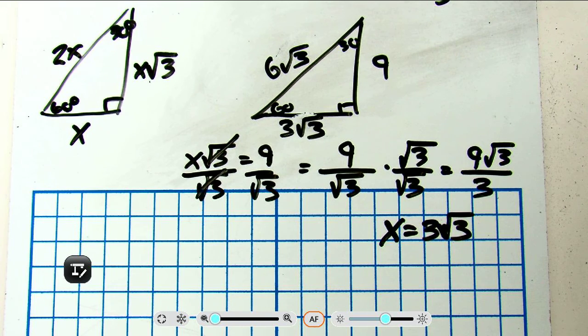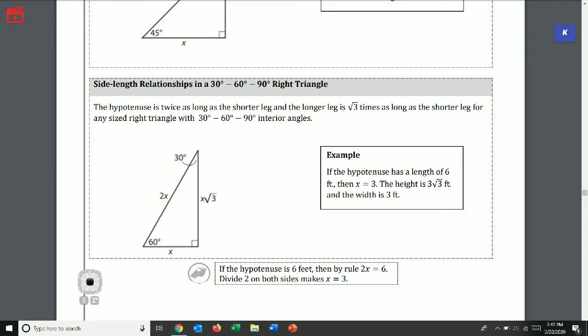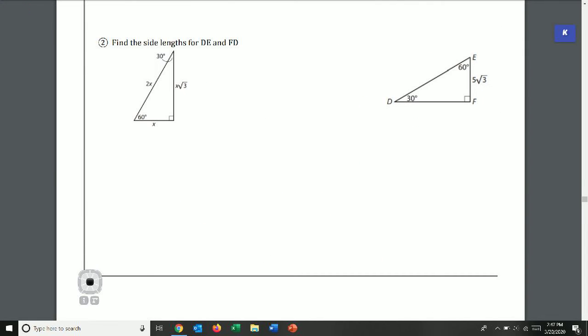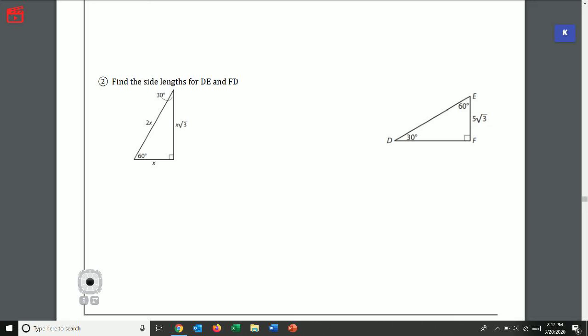Okay, so let's go back to the packet and try an example. So we're going to try this example here.